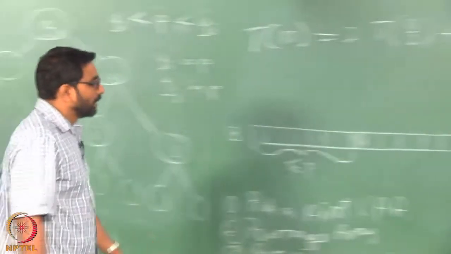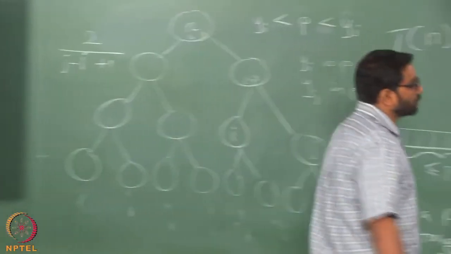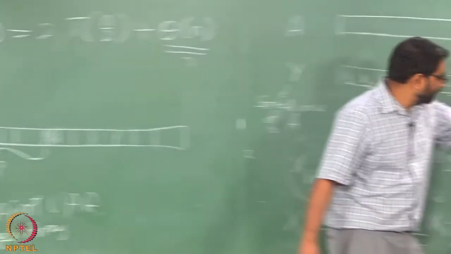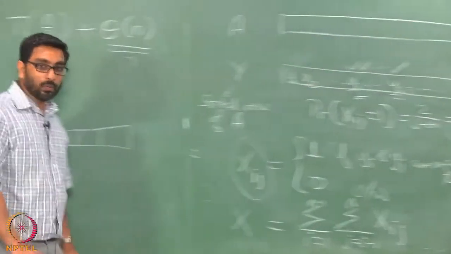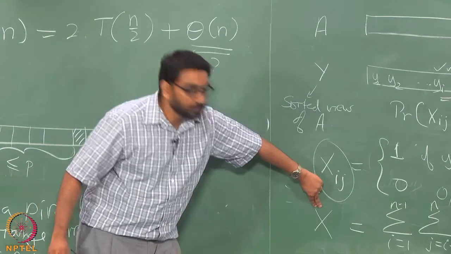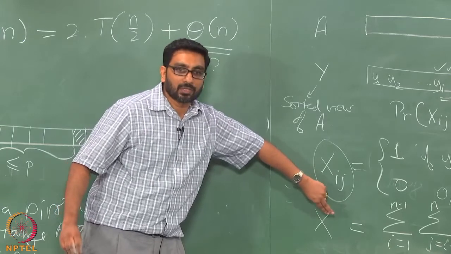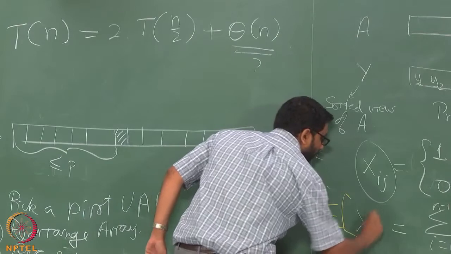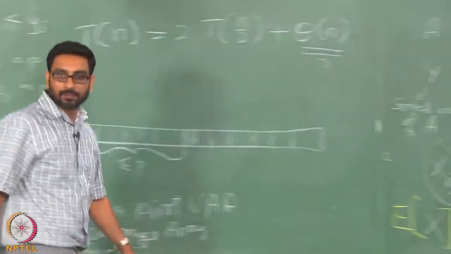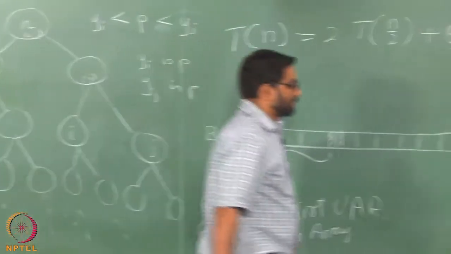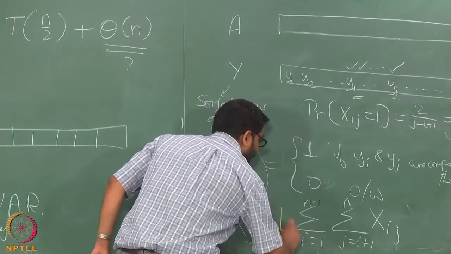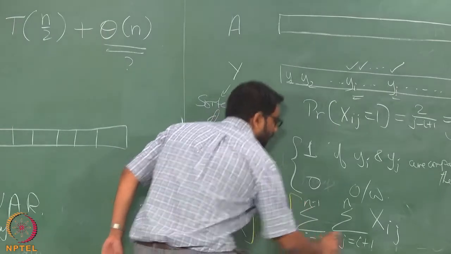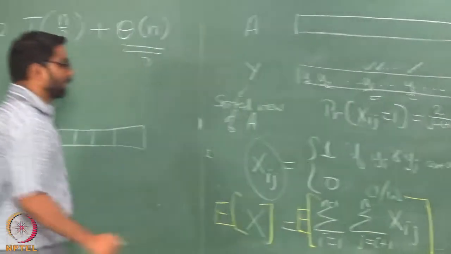Okay, so now we know the expectation of this xij. What we really want is the expectation of this random variable x, which captures the total number of comparisons. We want E of x, the expectation of this whole quantity.